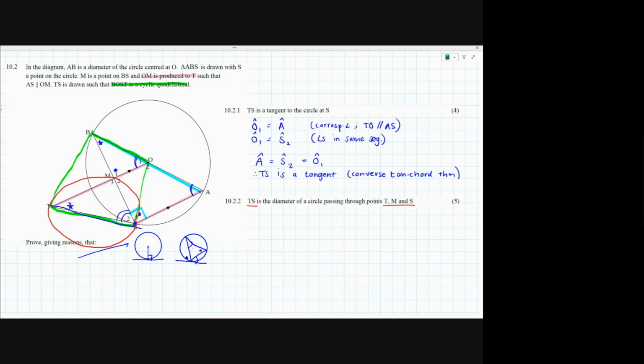Now, what I want you to think about is we only know a line is a diameter if we can show that the angle it subtends on the circumference is 90 degrees. We already know, because AB is the diameter, as it told us in the information of our question, that S1 is equal to 90 degrees.